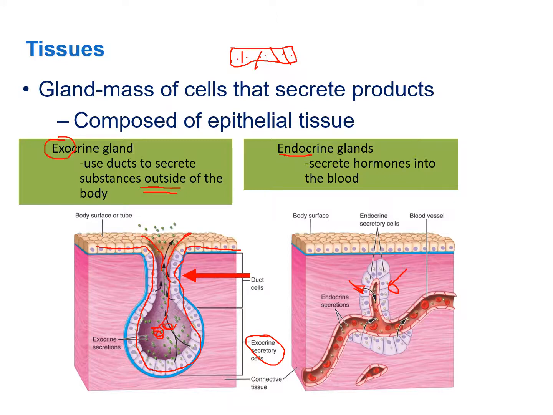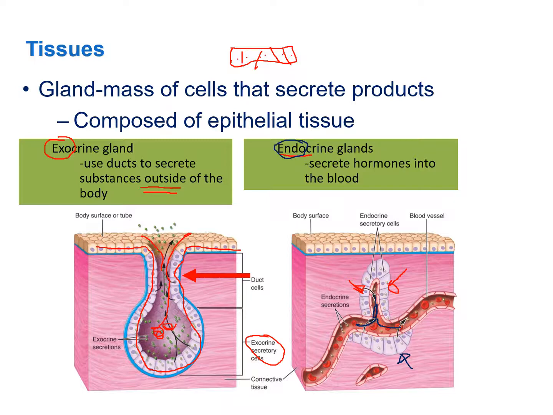So it will secrete this product all into the bloodstream here. And you can see that there are other endocrine glands here where I have this pointer. It's putting its product from the inside of the body to the inside, right? The idea is that endo means inside, so just keep that in mind.